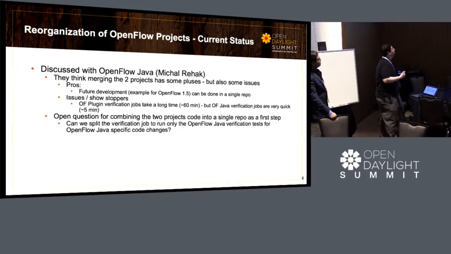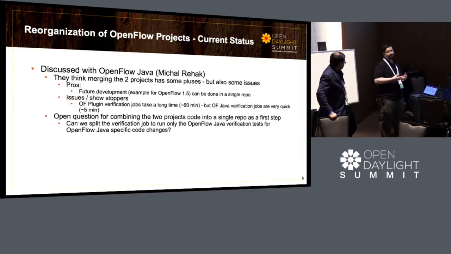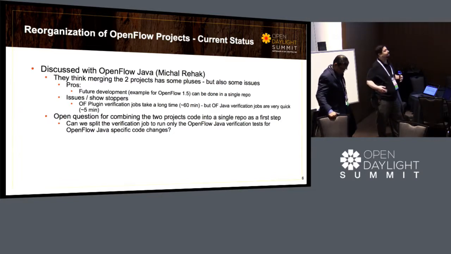But a bigger problem, counteracting the two-repo problem, is that OpenFlow plugin verification jobs take a long time because they have a series of system tests. But OpenFlow Java verification jobs are very quick, like 2 minutes or so.